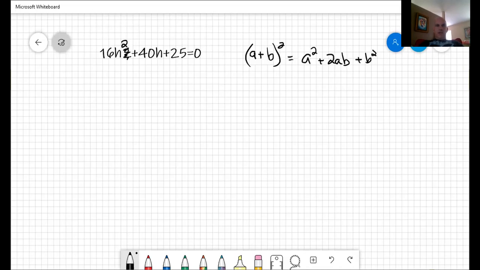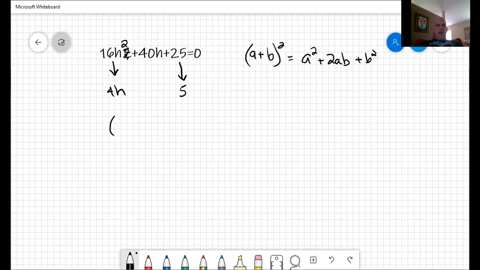If I just check to see what a would be, I'm taking the square root here. So a would actually be 4h if that were the case, and b would be 5. If I double it and multiply them together, do I get 40h? So 4 times 5 is 20. Doubling it, because that middle term in that formula would tell me that yes, that is a perfect square trinomial.